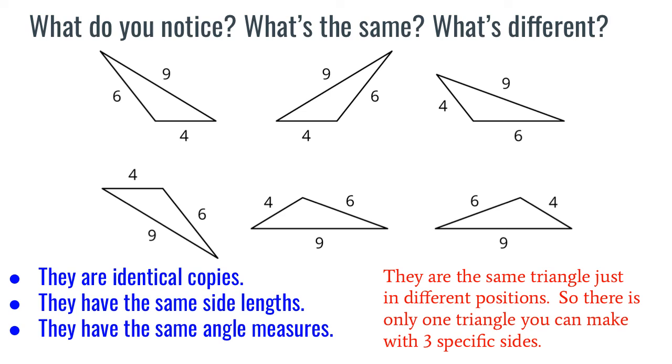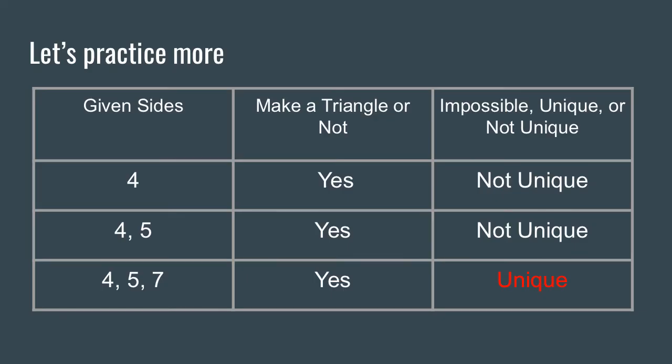So there's only one triangle you can make with 3 specific sides. So when we look back at 4, 5, and 7, since these fit the theorem, that the two smaller sides added together are greater than the larger side, it would form a triangle, and that triangle would be unique. You can only form one triangle with those conditions.